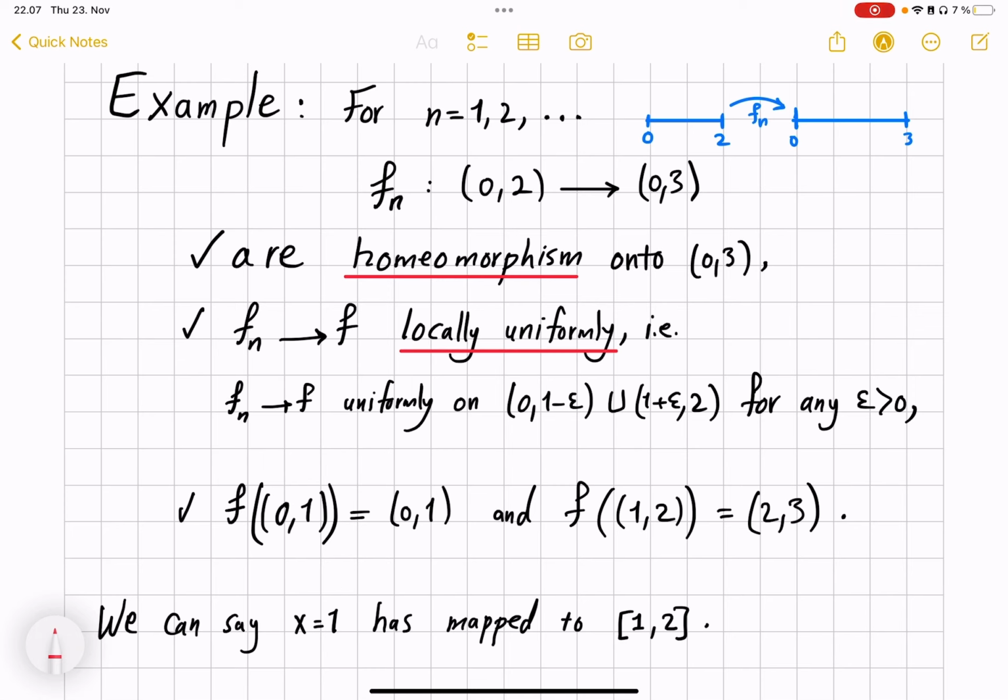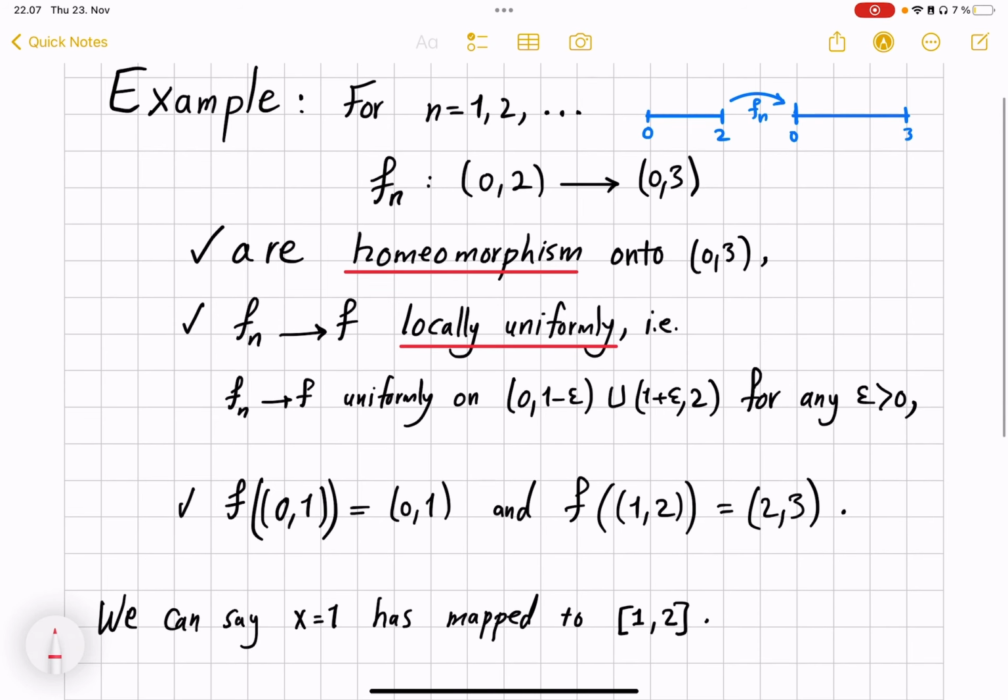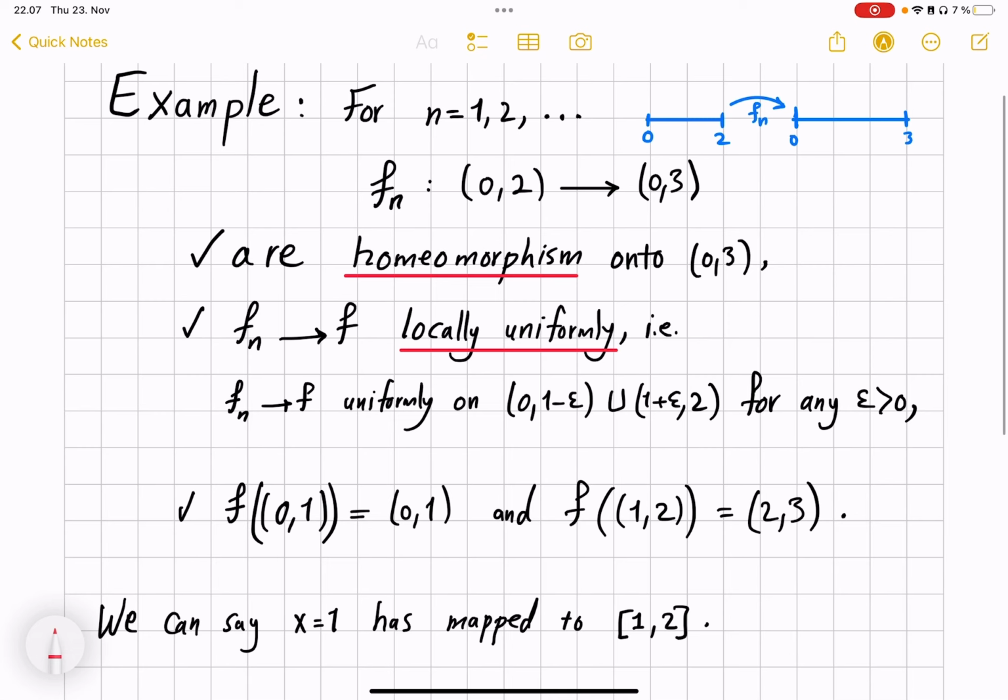So the example is of a sequence of homeomorphisms that locally uniformly converge to a limit function that is defined everywhere except for one point, away from which the local uniform convergence was assumed to be happening.